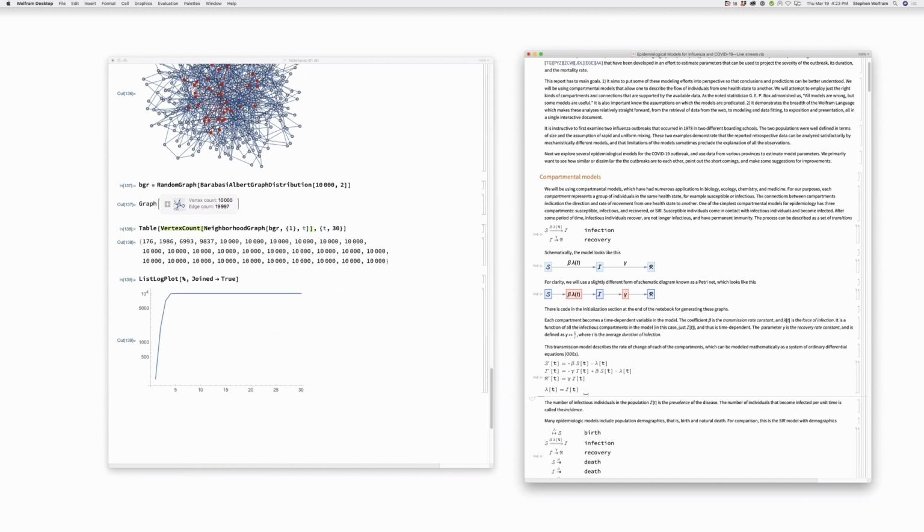So what you're saying here is people get sick at a rate proportional to the number of infected people. Yep. The more sick people around, the more likely you are to get sick.